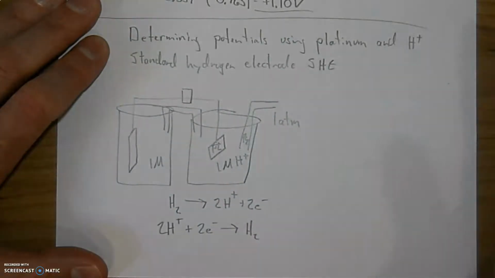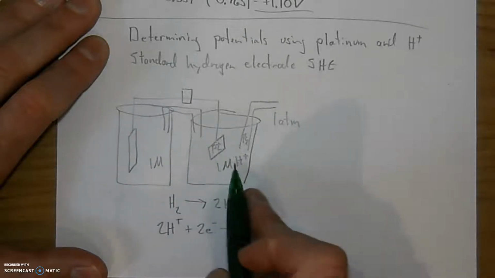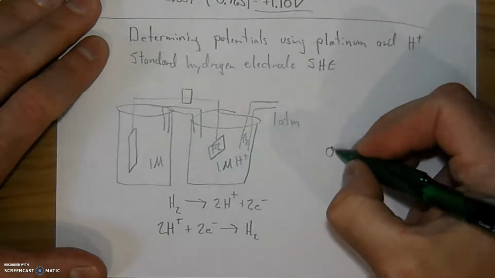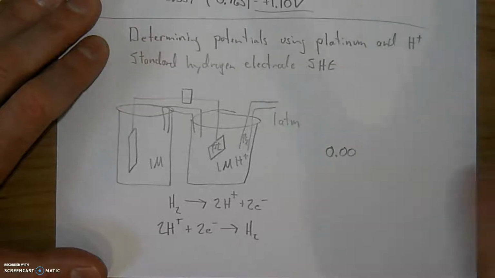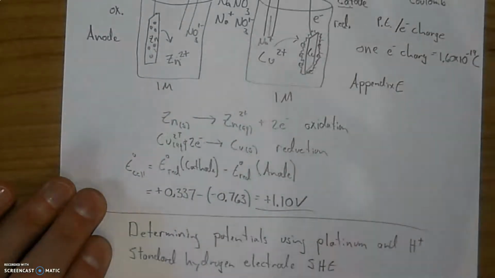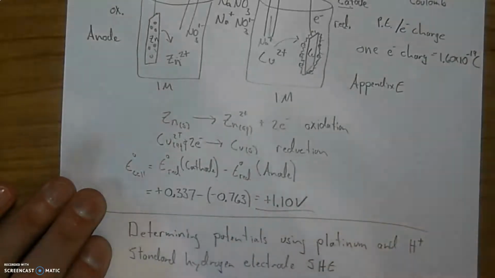Again, magnesium, lead, copper, zinc, a variety of different metals. Based on how these relate to the hydrogen, you could have either a positive or negative value. By definition, hydrogen's value is 0.00. Everything else is in relation to it, and that defines what these other values are, and that's how we make the comparison, for example, with copper and zinc that we did earlier. Those numbers that we pulled out are how they relate to hydrogen, and therefore we can use that as a common comparison.